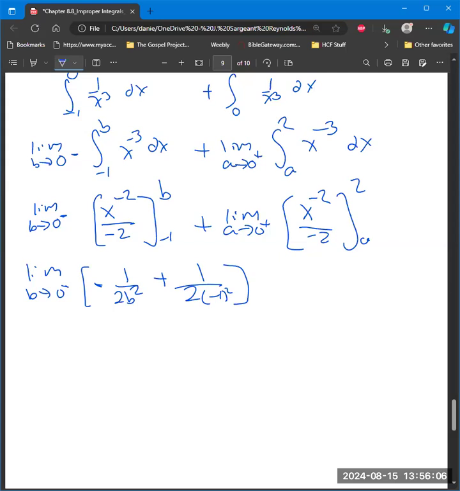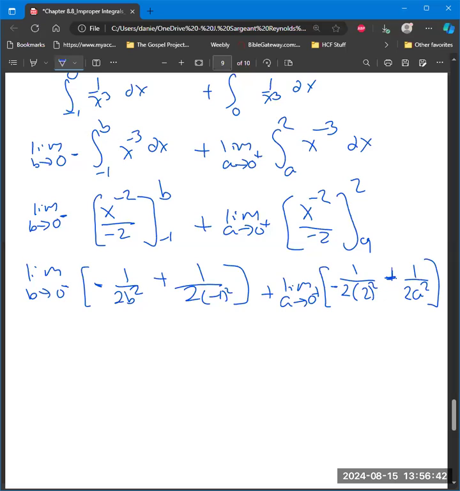And then this is going to be plus limit as a goes to 0 from the right of -1 over 2 times 2 squared minus a negative, which is going to be 1 over 2a squared, like that.